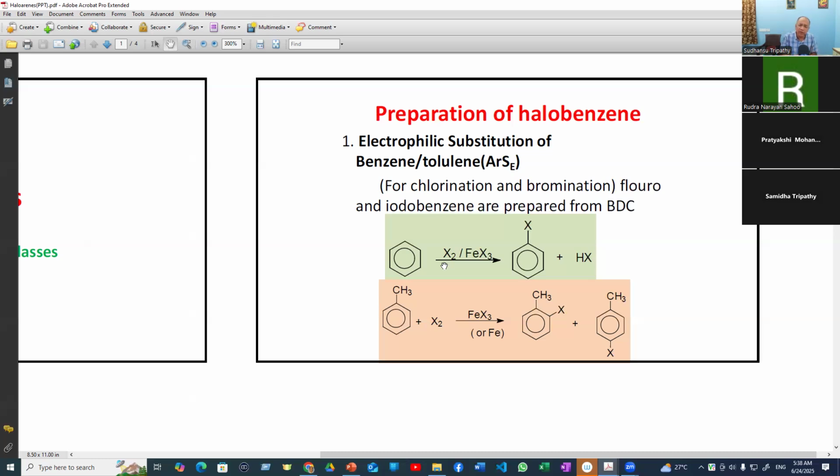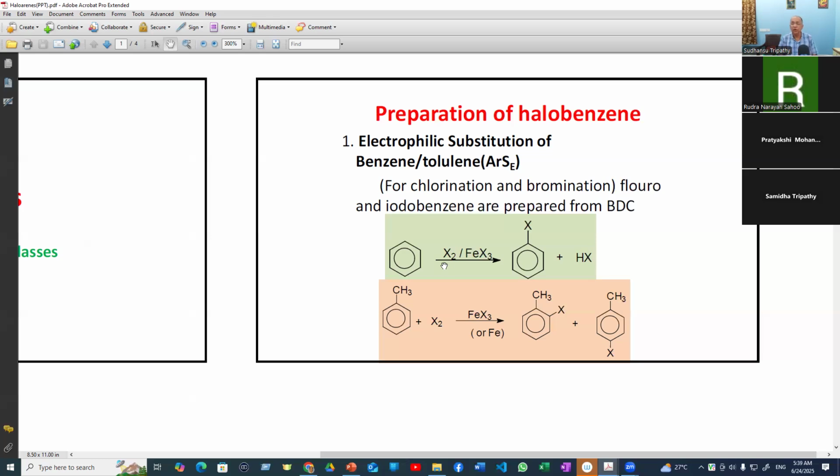Which one is dominating depends on many factors, like steric effect. If the already existing group is bulky, then para will be the major product. If it is not that bulky, then ortho is the major product, because ortho's probability factor is 2 times more than para. There are 2 ortho positions, but 1 para position.